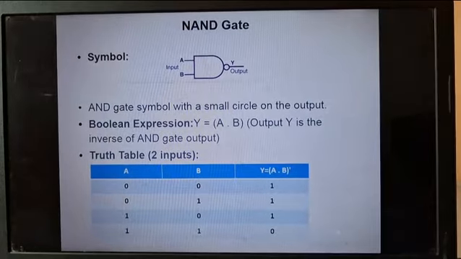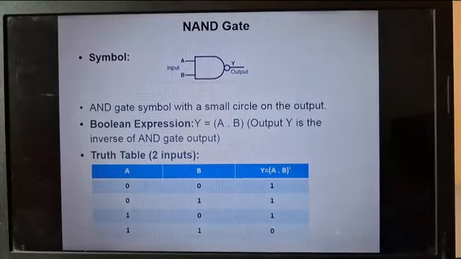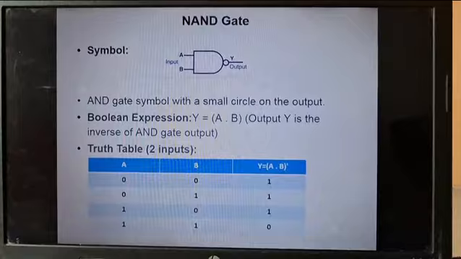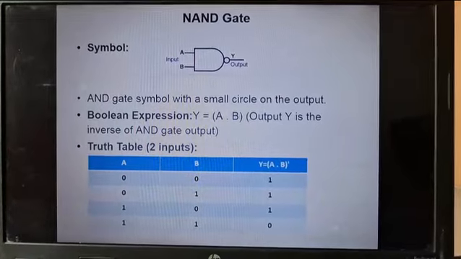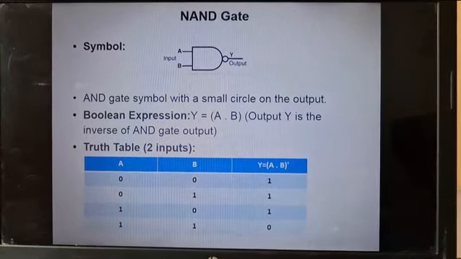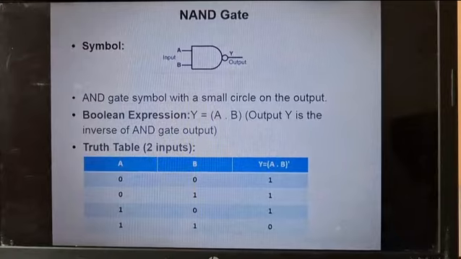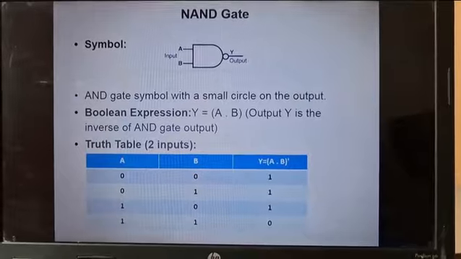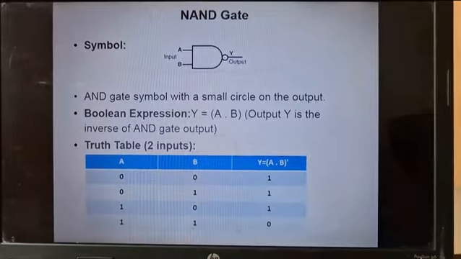This is the first universal logic gate, the NAND gate. The symbol of the NAND gate is shown in this diagram. The NAND gate is constructed using an AND gate and a NOT gate. So the output of the NAND gate is the complement of the AND gate.